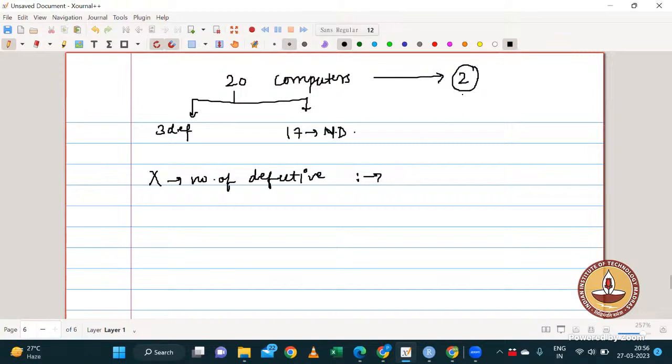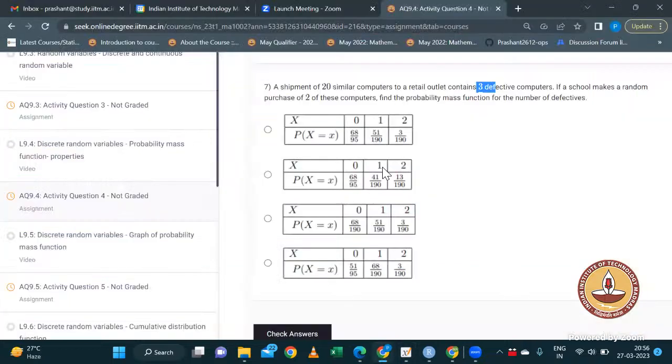Correct, because we are purchasing a total of 2 computers, and X represents the number of defectives. Out of those 2 computers, all can be non-defective, or 1 can be defective, or all 2 can be defective. That means the possible values X takes are 0, 1, and 2. In all the options 0, 1, 2 is there. Now we have to check the probabilities.